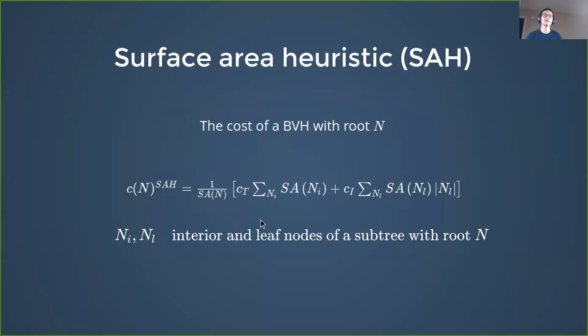After some substitution and simplification, we get this cost function, which is simplified by the surface area heuristic so that it does not have any recurrence relationship anymore.